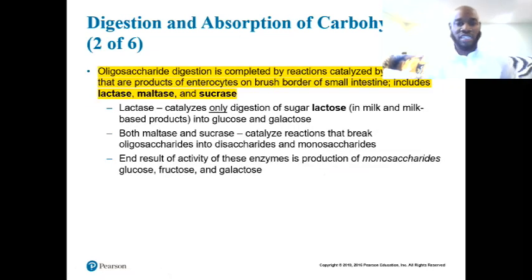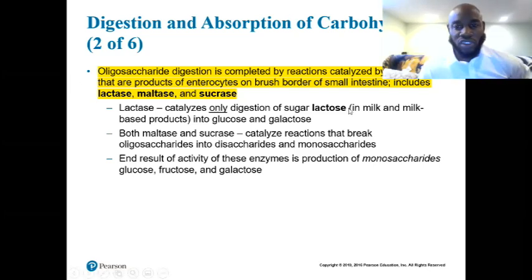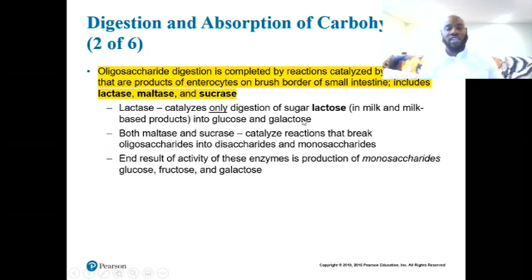Oligosaccharide digestion is completed by reactions catalyzed by enzymes that are products of enterocytes on the brush border of the small intestines, including lactase, maltase, and sucrase. Lactase catalyzes digestion of the sugar lactose. We're going to talk about what it means to be lactose intolerant.